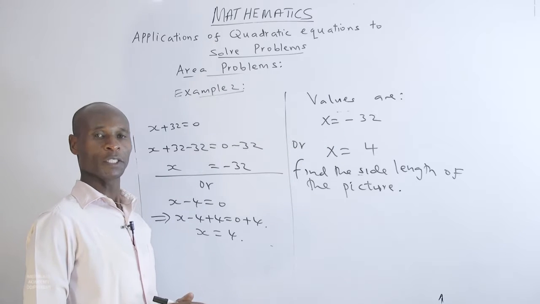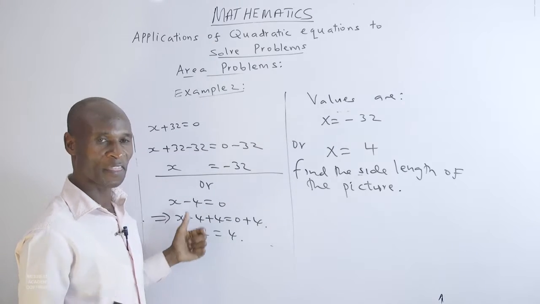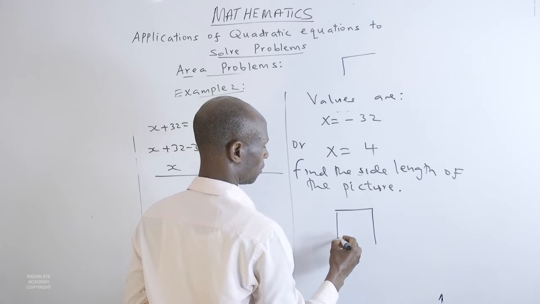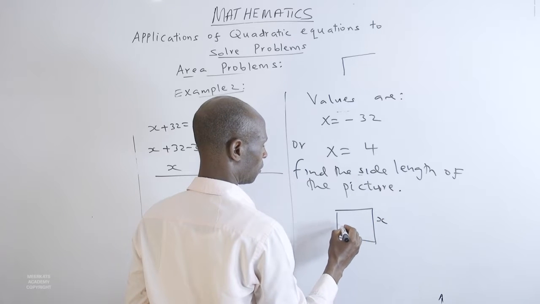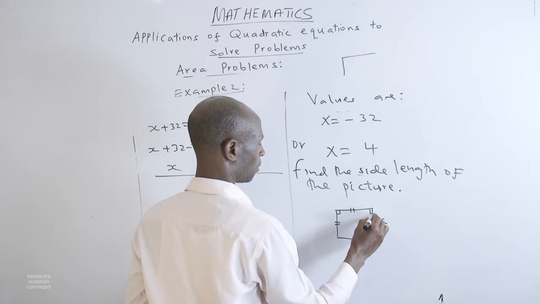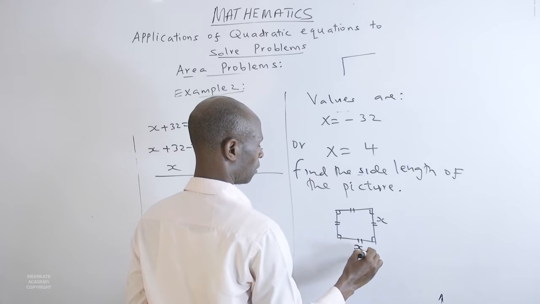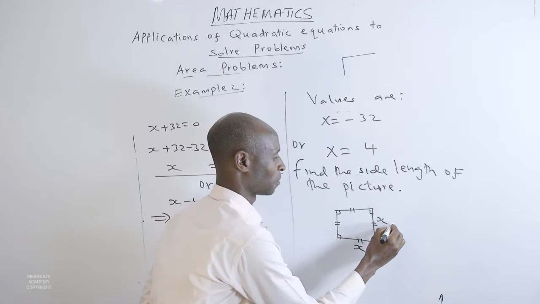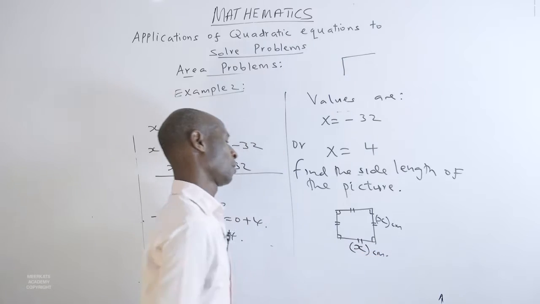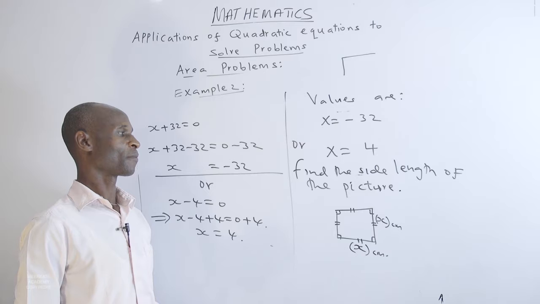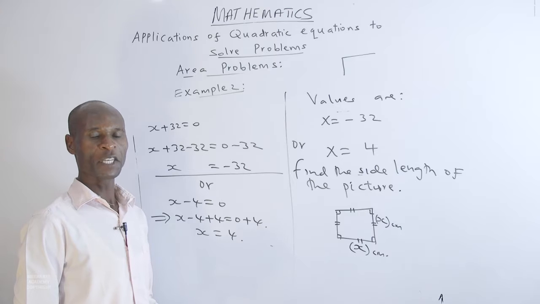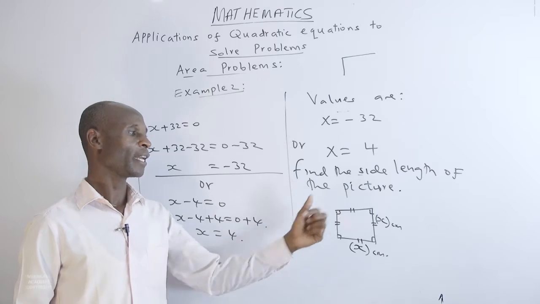So out of the two solutions, we let the side length of that picture be x centimeters. So what will be the correct, reasonable solution for the side length of the picture?